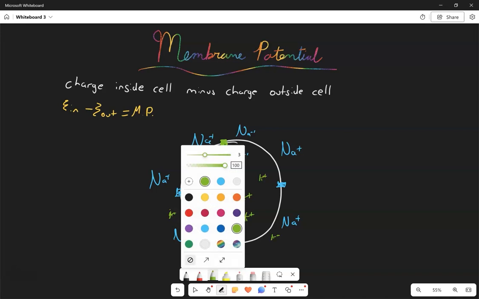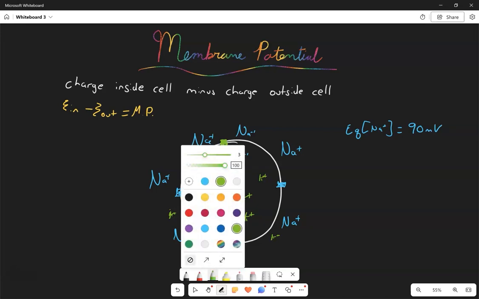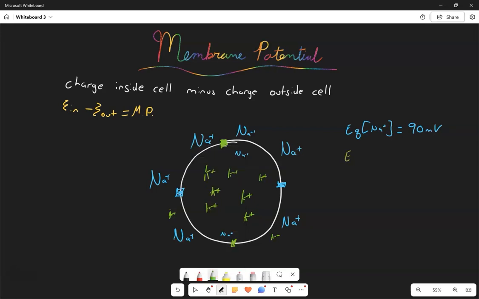Now let's use the same numbers from our previous video, and let's say that the equilibrium potential of sodium in this instance is equal to positive 90 millivolts, and the equilibrium potential of potassium is equal to negative 80 millivolts.